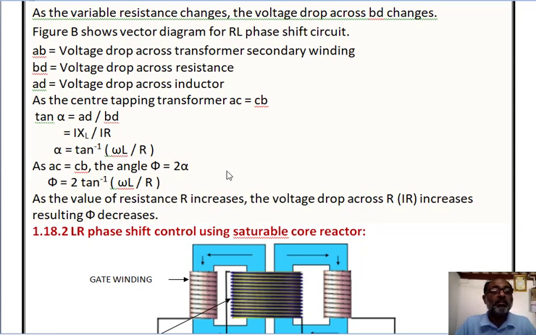As we have already seen, AC is equal to CB. So phi is nothing but 2 alpha.